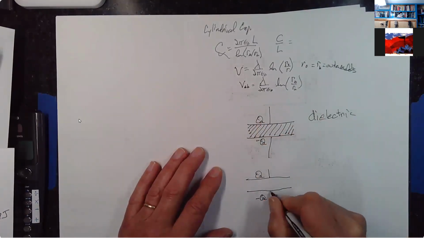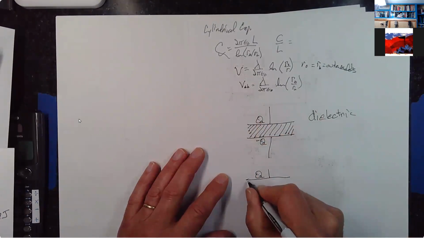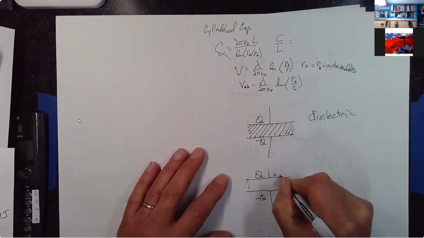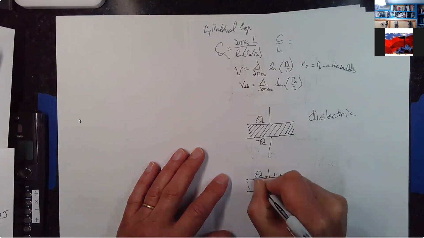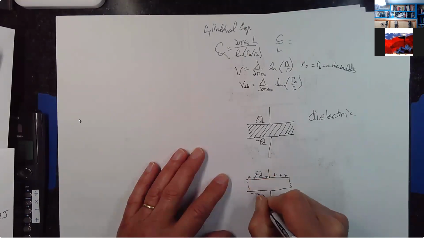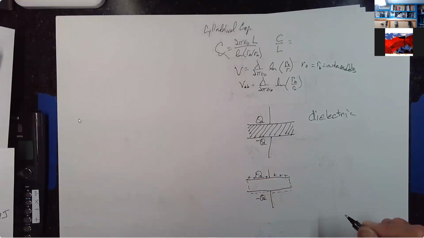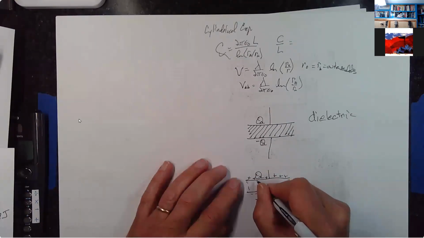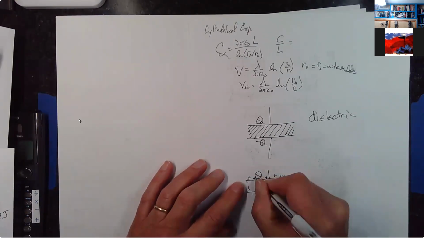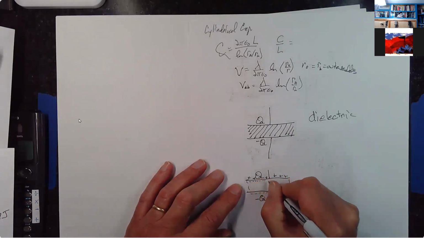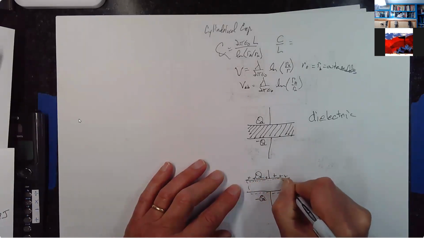So you can keep the same amount of charge on the capacitor, with a positive charge up here and a negative charge down here. The dielectric is a material that can polarize in a way, and so up here near the positive charge on the top plate, you'll get on the top surface of the dielectric some minus charge.